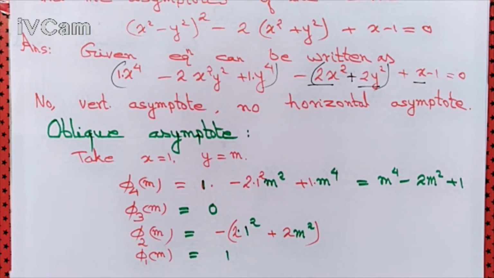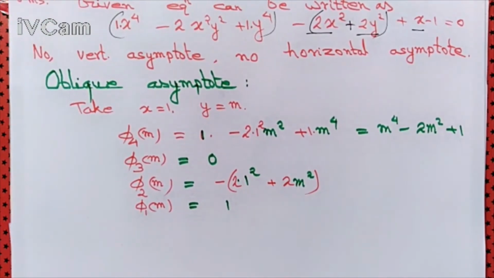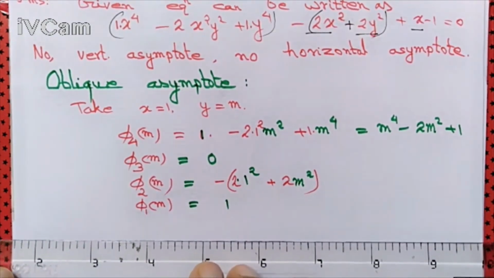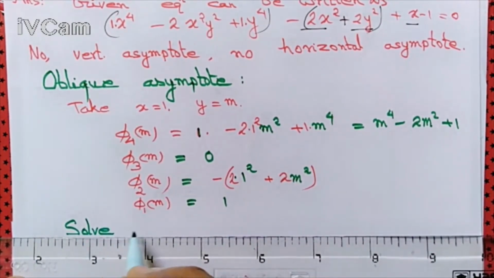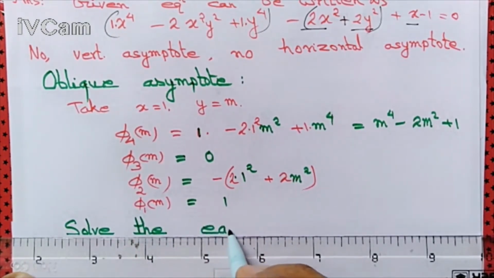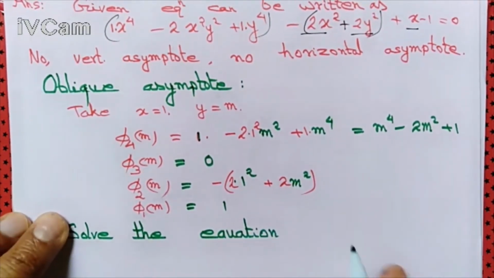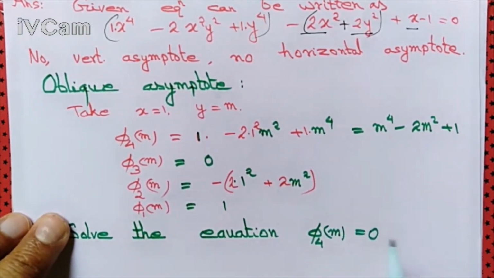Next step, solve the equation phi 4(m) equal to 0.